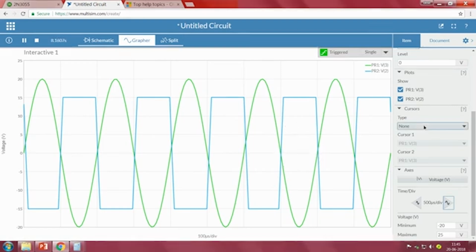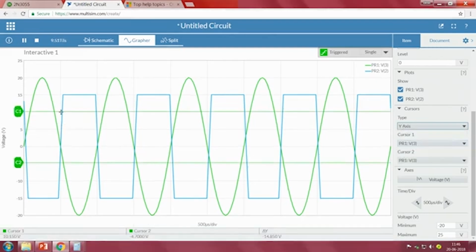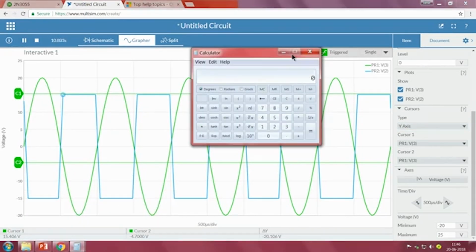To understand, let me take two cursors. One is a y axis cursor. One value is somewhere around 15 point something. If we calculate, the value is 15 plus 0.027, which is 15.027, and the other one is 15 minus 0.027, which is 14.97.